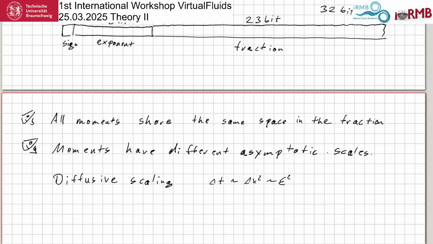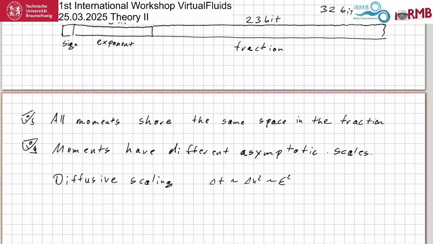So you can do acoustics, and this is often done with the lattice-Boltzmann method and also with the cumulant lattice-Boltzmann method. But then you have to make additional assumptions on the Mach number to actually see the convergence. The real convergence to the incompressible Navier-Stokes equation is only in diffusive scaling.